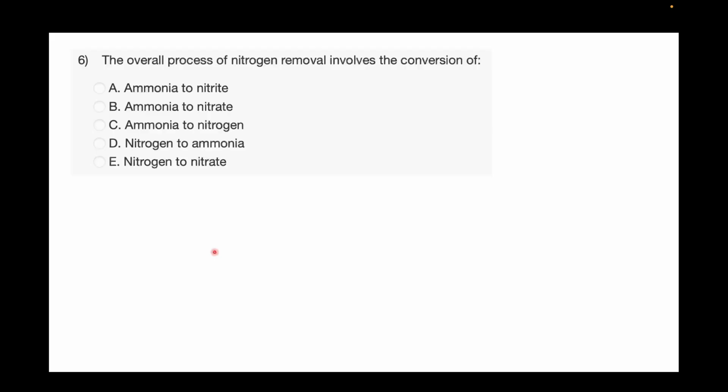The overall process of nitrogen removal involves the conversion of dash. Option A, ammonia to nitrite; option B, ammonia to nitrate; option C, ammonia to nitrogen; option D, nitrogen to ammonia; option E, nitrogen to nitrate.